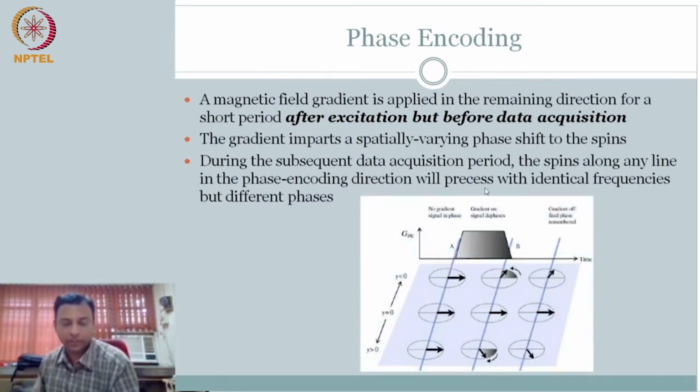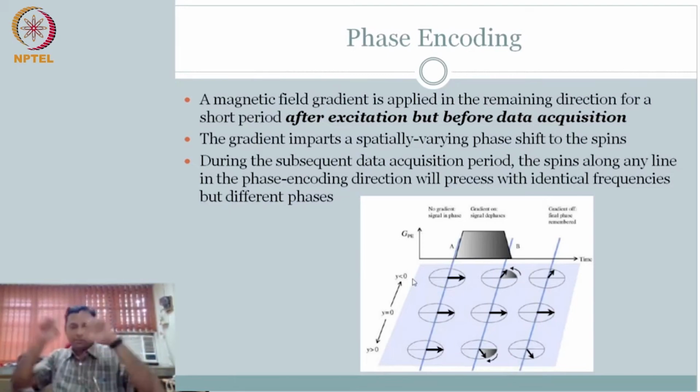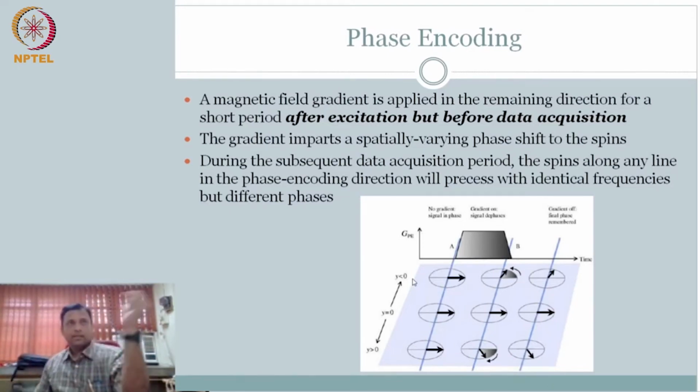To put it in a picture, this is a picture of the time axis and what happens over time for a given y-axis. At the beginning, when you have a volume, you have a signal. Every voxel in this plane has the same Larmor frequency, and everything is in phase.